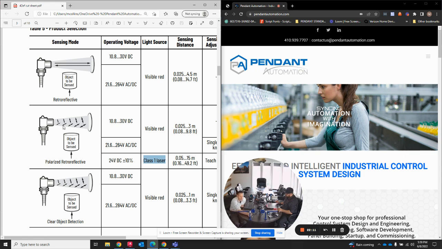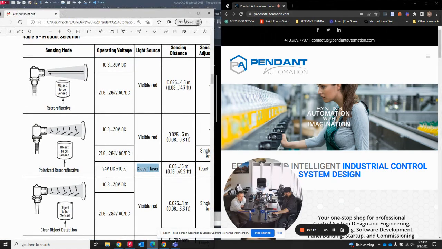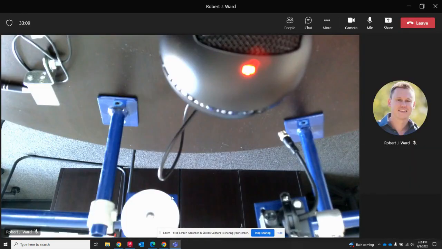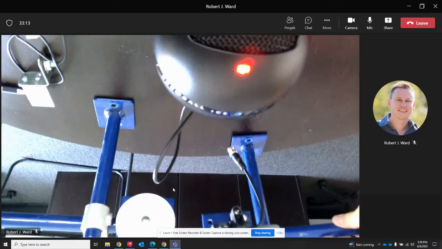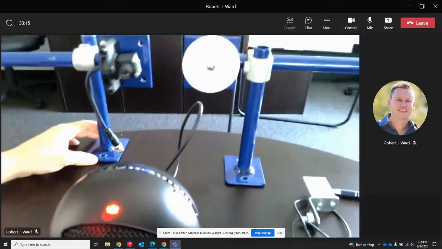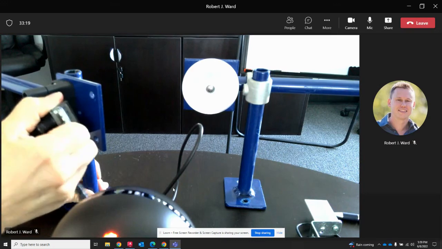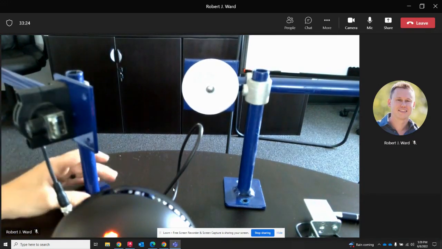And so another thing that we have inclusive for mounting is we always supply this 10-degree swivel bracket, and hopefully get a close-up here. So yeah, like right here, we supply this 10-degree swivel bracket that allows you to move this photo eye 10 degrees in pretty much a spherical direction.